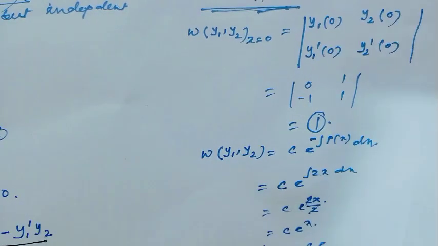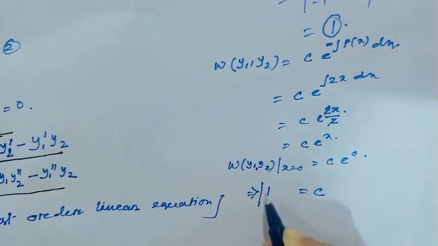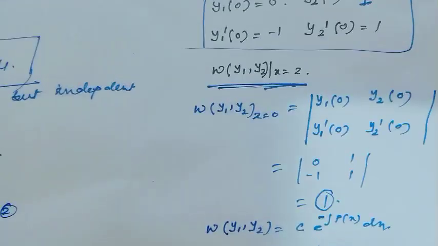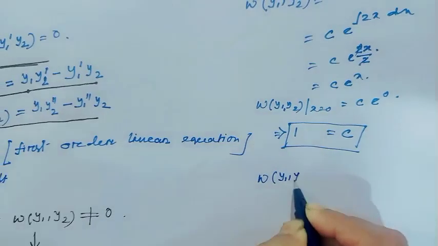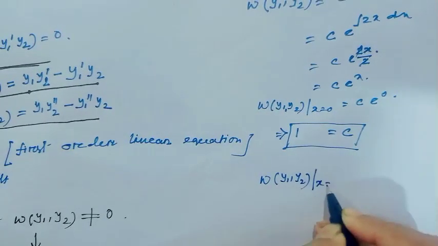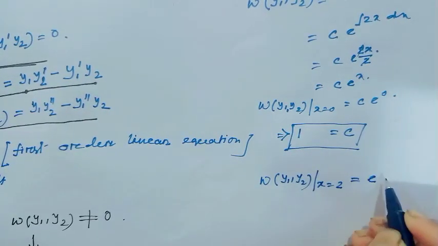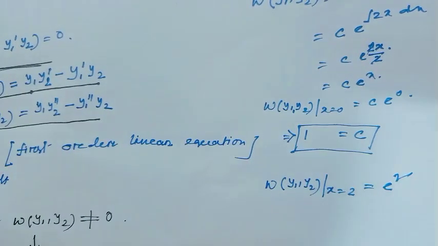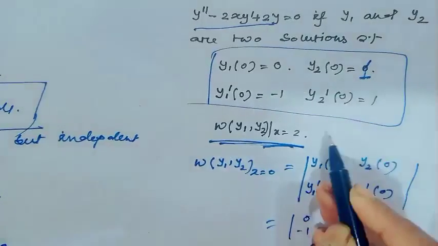This value would be c e to the power 0, and this value is obviously 1, and that means I have got the constant c equal to 1. Now my question: the Wronskian of y1, y2 at the point x equal to 2 would be, with c equal to 1, e to the power 4. So by Abel's theorem, I have got this Wronskian.